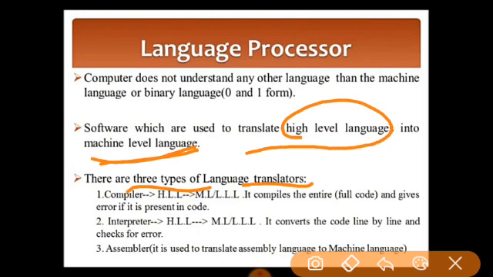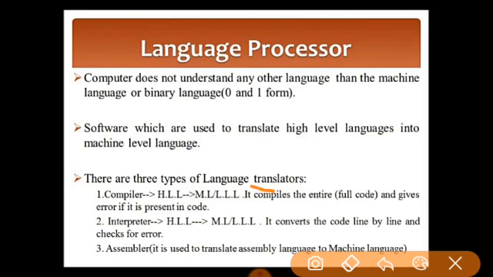The translator should know English, Hindi as well as Chinese, so that whatever our PM says, he tells in Chinese so that the Chinese president can understand, and whatever the president says, he tells in English or Hindi so that our prime minister can understand. In the same way, our language processor also uses translators for converting the high level language into the machine language. So first is our compiler.